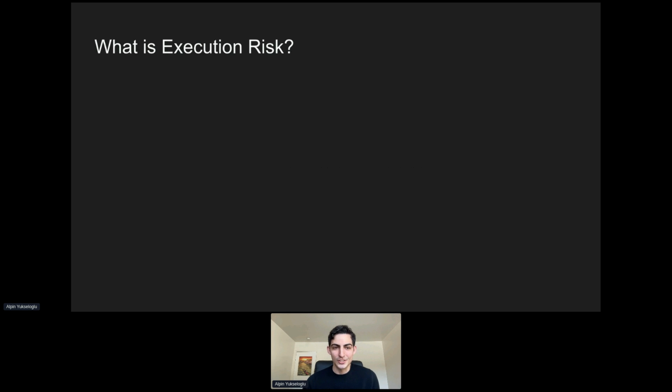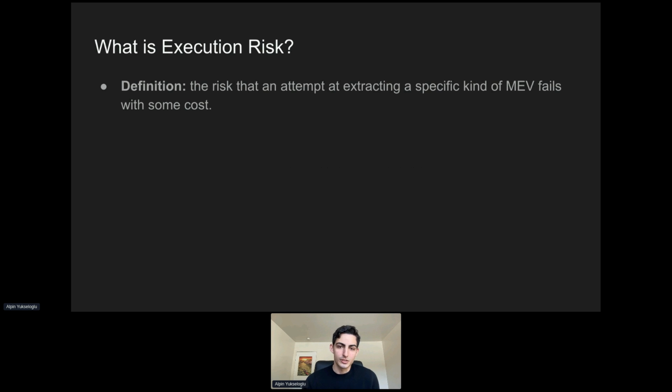So first of all, what is execution risk? I define execution risk in this context as the risk of an attempt at MEV extraction that fails, of course, with some cost. There are some amazing properties of this framing of execution risk. One is that it hints at how it might be useful for mechanism design, because it has a great correlation between the increasing of execution risk and the increasing of cost for the searcher.